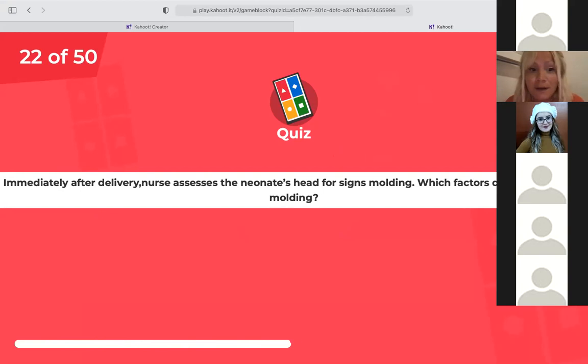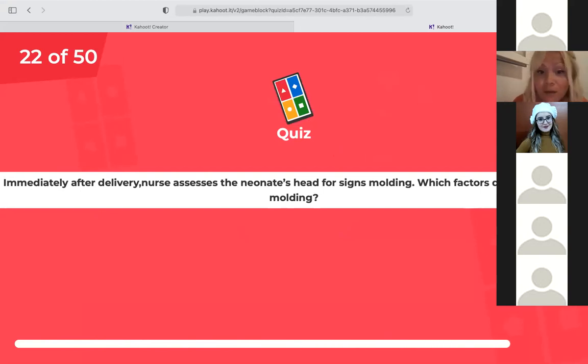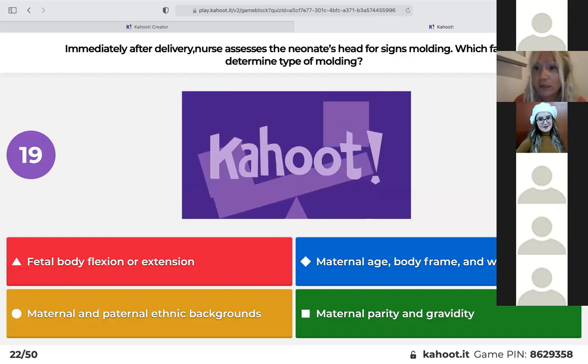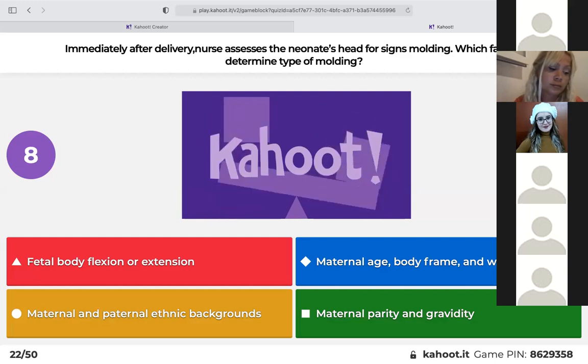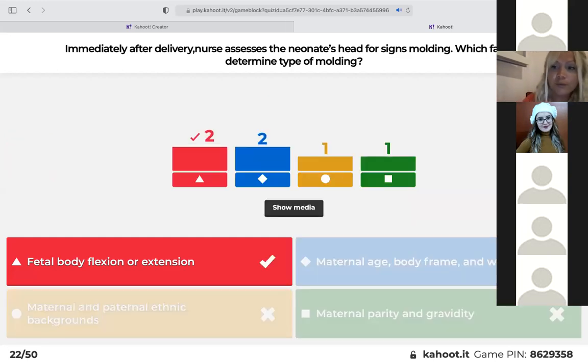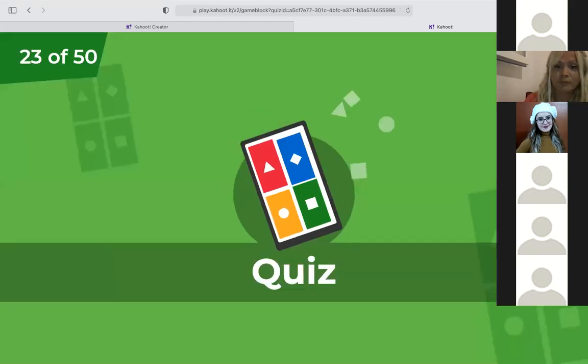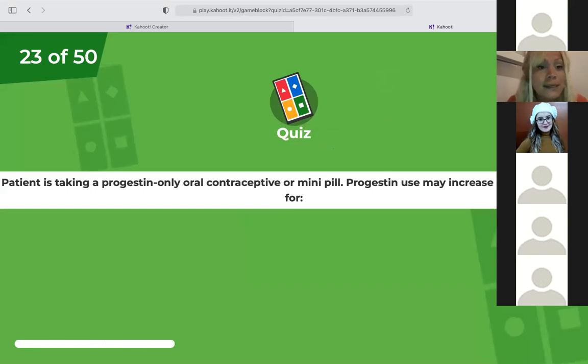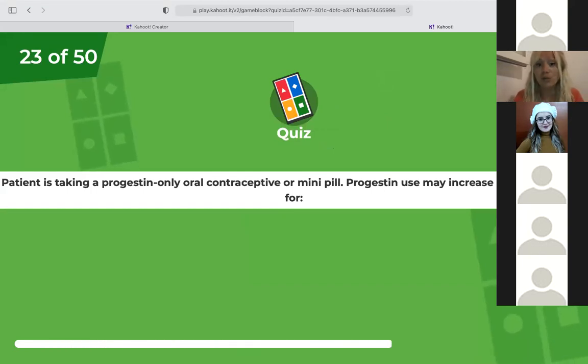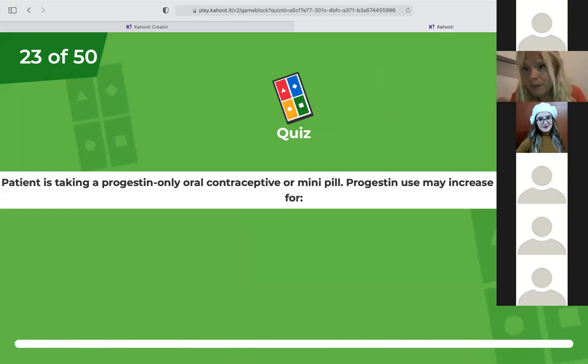Immediately after delivery, the nurse assesses the neonate's head for signs of molding. Which factors determine the type of molding? A patient is taking a progestin-only oral contraceptive, or mini pill.